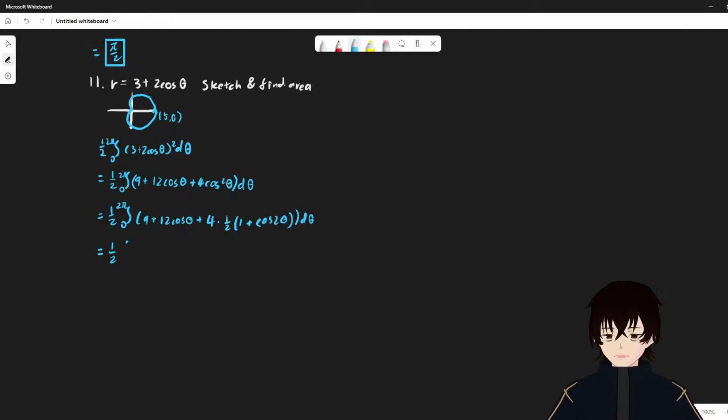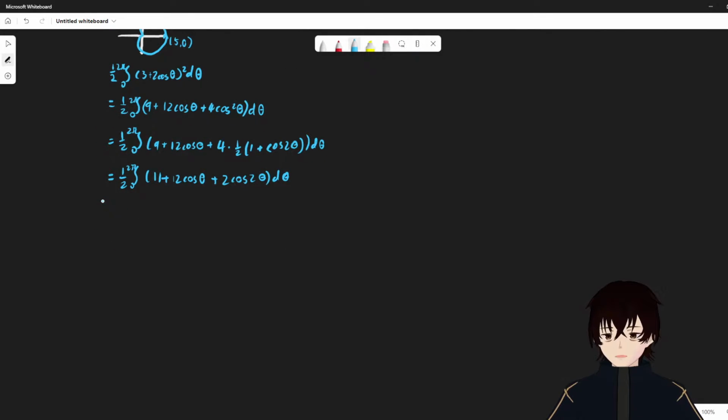Simplify that out. We get integral from 0 to 2 pi of 9 plus 12 cosine theta plus 2. So let's take the 2 out. 2 can go with 9 to form 11. Plus 2 cosine 2 theta d theta.